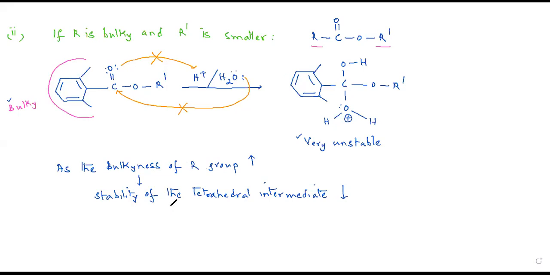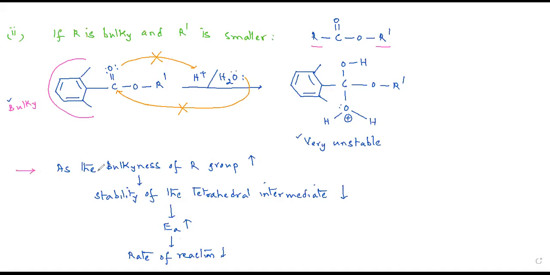See, as the stability of the intermediate goes on decreasing, no doubt the activation energy goes on increasing because it's not that favorable. You need more activation energy. As a result, rate of reaction goes on decreasing.